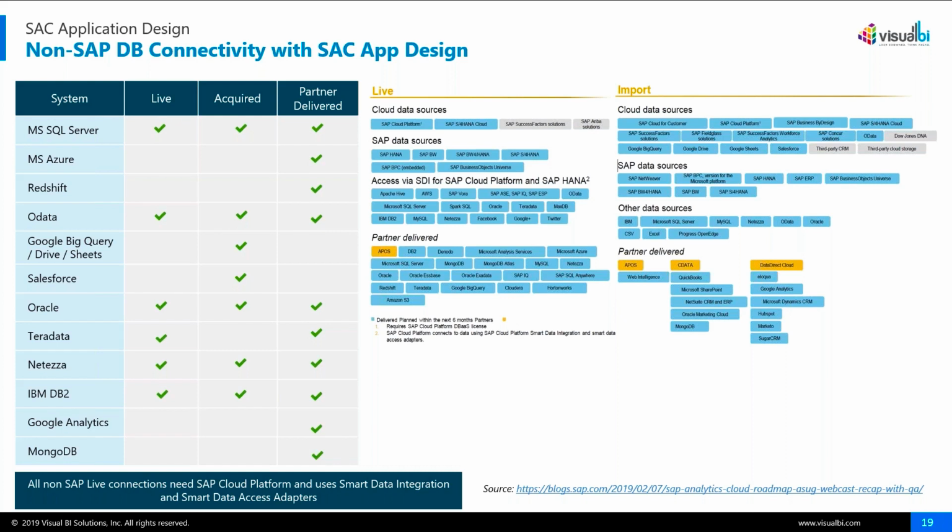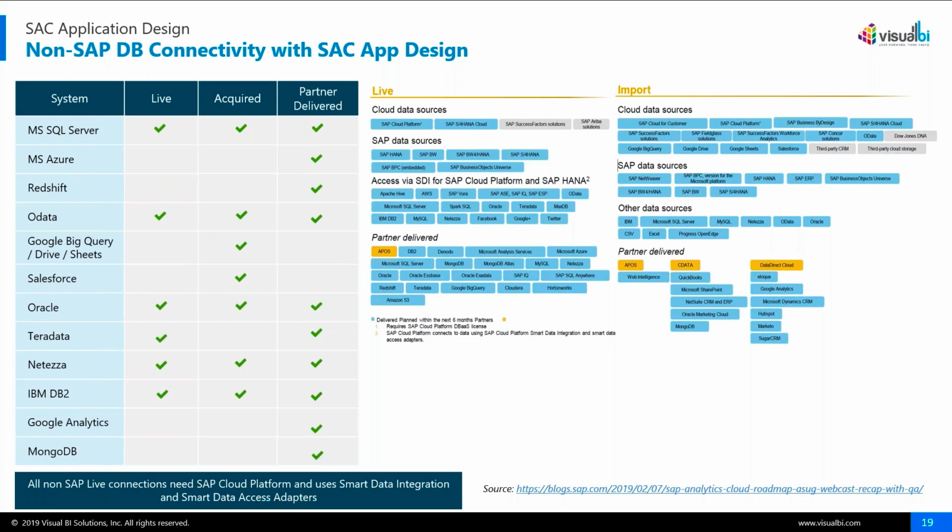Primarily, a few of the sources can be connected using live or acquired connectivity, while a few others require a third-party adapter or a connector to bring in the data, but it's still possible. So the point is, the spectrum for backend connectivity is pretty wide when you compare SAP Analytics Cloud with any other SAP tools or non-SAP tools.